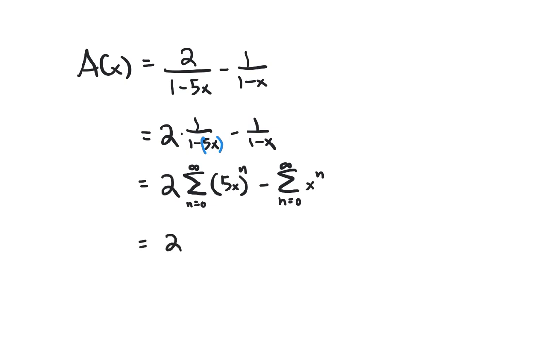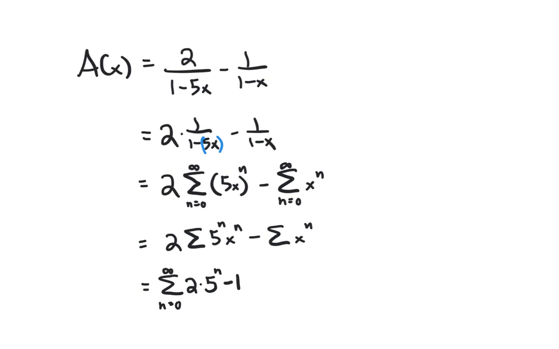And maybe I'll rewrite the first one as 5 to the n, x to the n, minus the sum of x to the n. And now I'm going to combine everything into one sum. Remember, this is just things summed together, so I can group according to powers of n. So this is going to be the sum as n goes from 0 to infinity of 2 times 5 to the n minus 1.